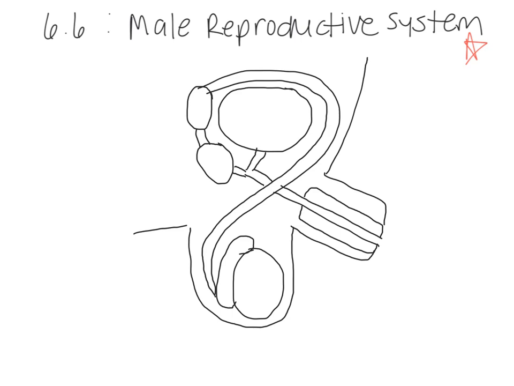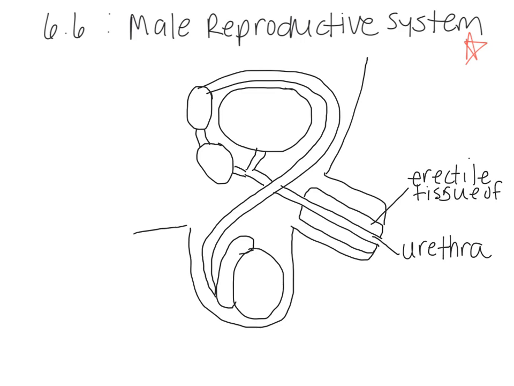We have this tube exiting here called the urethra. We have the erectile tissue of the penis.